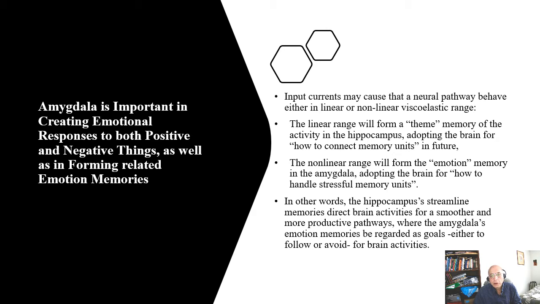In other words, the hippocampus will consolidate streamline memories and direct the brain activities for smoother and more productive pathways, whereas the amygdala emotion memory sets goals either to follow the pathway or streamline, or to avoid that.